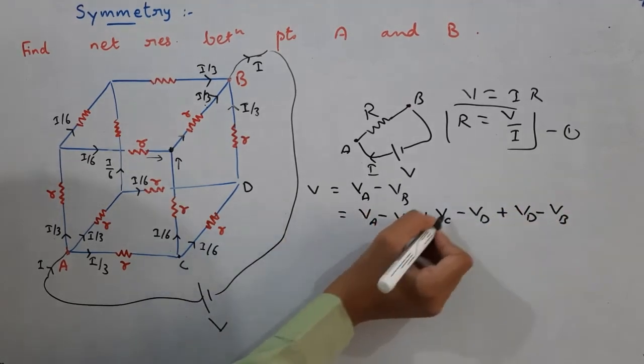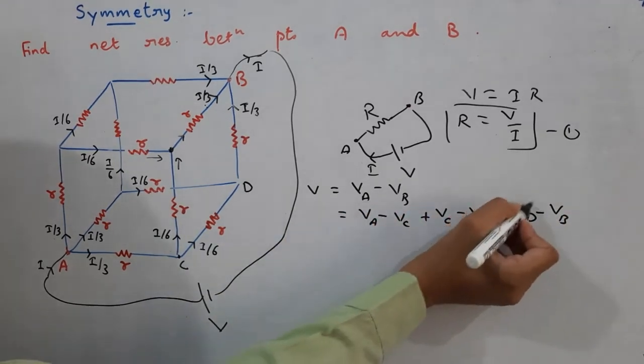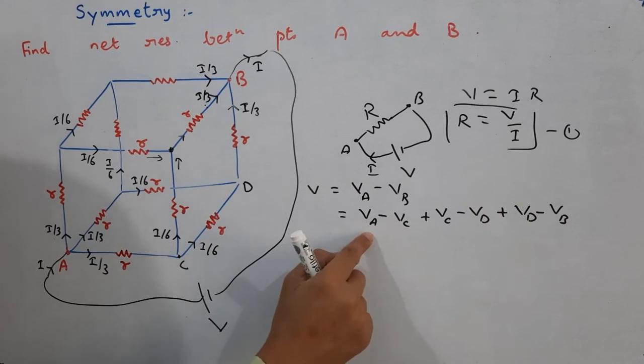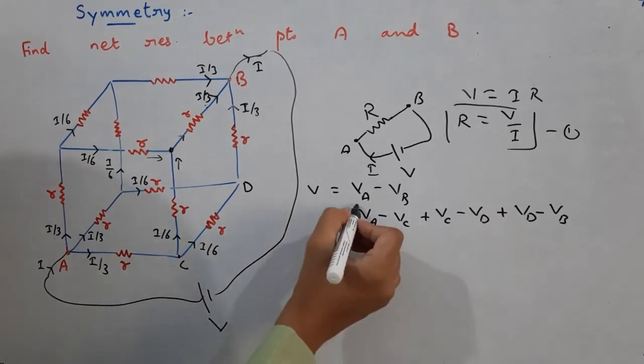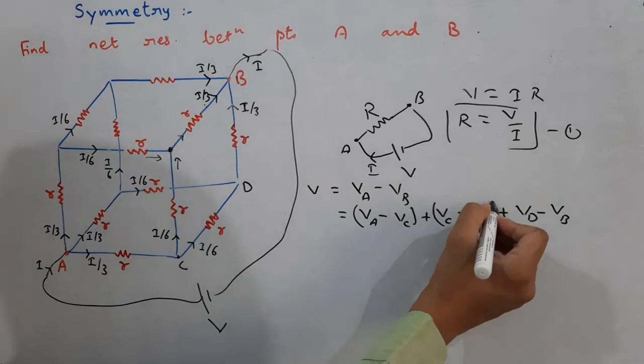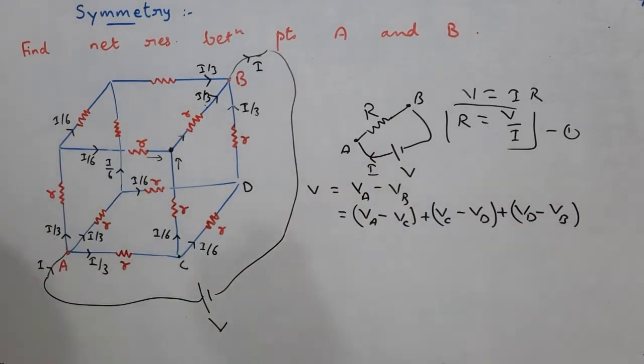You can see minus VC plus VC cancels, minus VD plus VD cancels. So we will be left with VA minus VB.